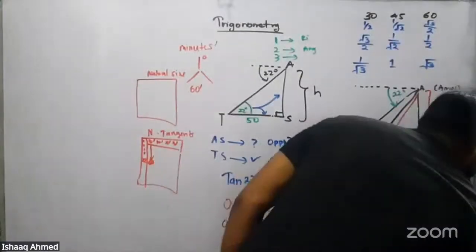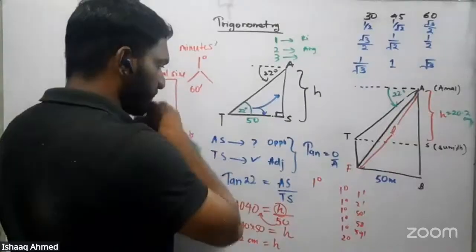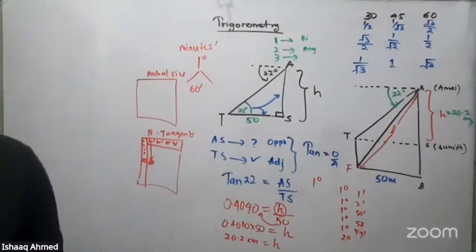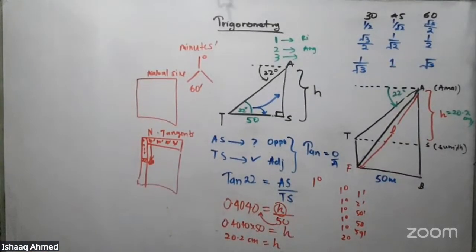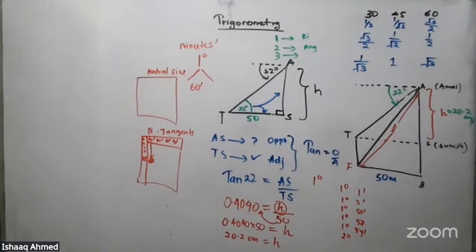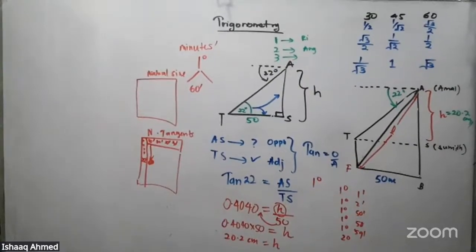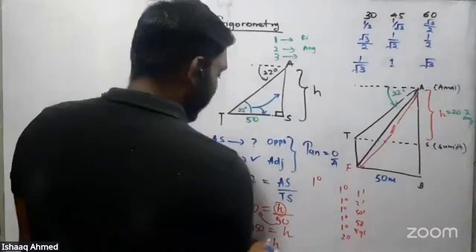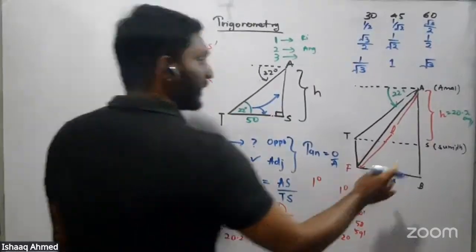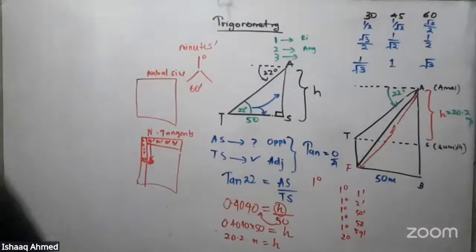They asked L. So I'll erase this. What was the question? Sorry, was it meters? Yeah, my bad. It was meters, not centimeters. It's 20.2 meters. It's a building, so it can't be centimeters.